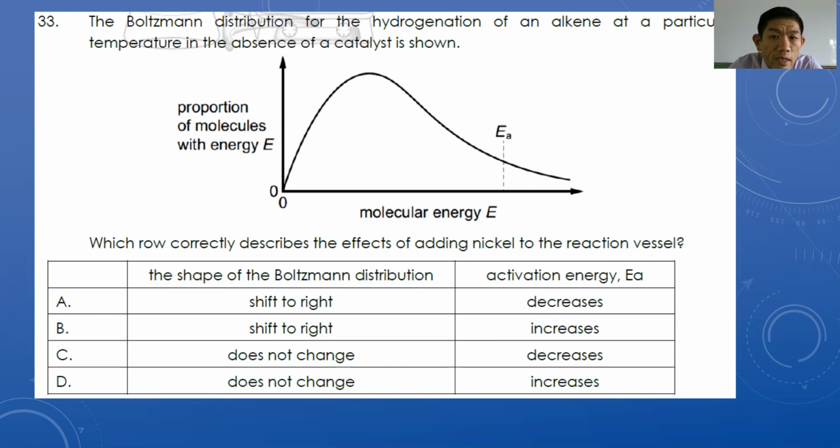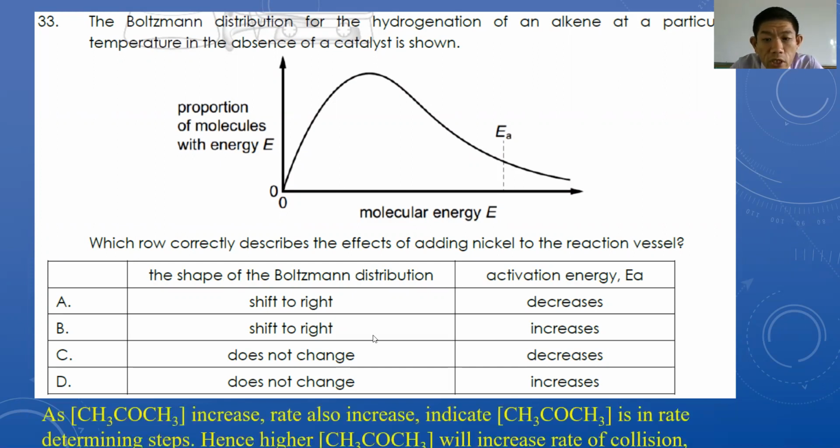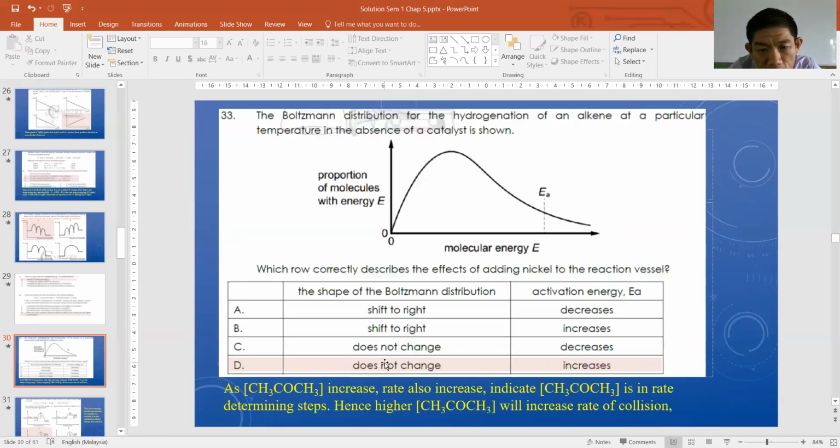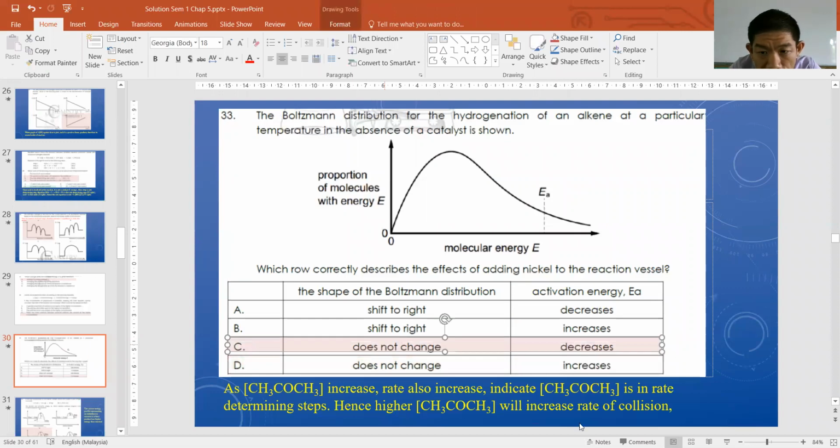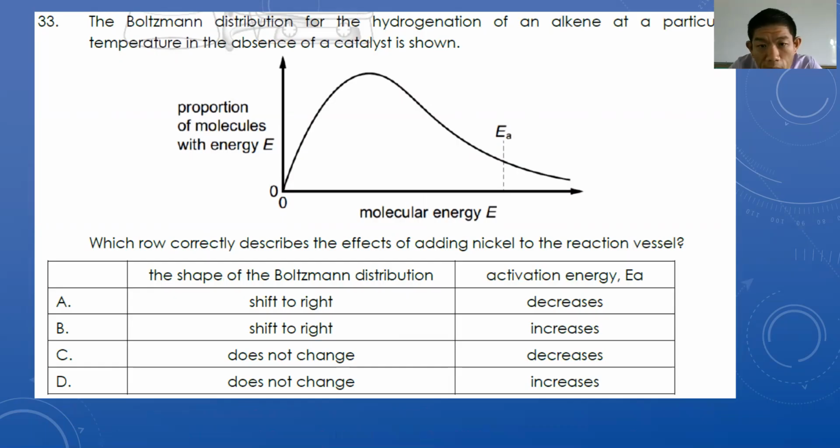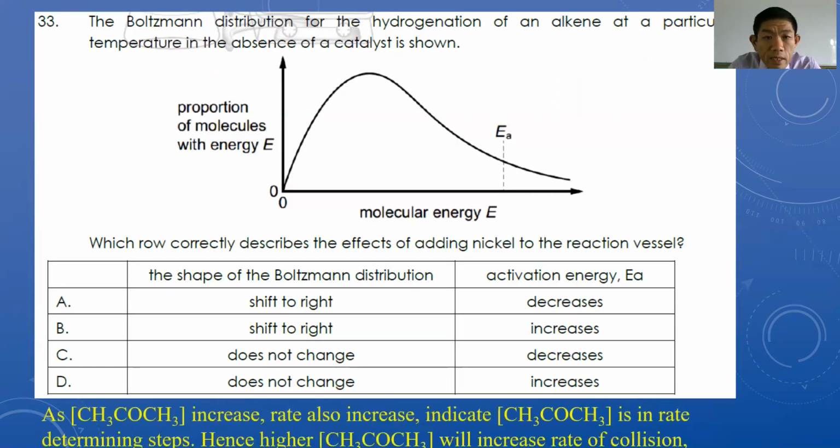The proportion of molecules does not change. So the answer is C. When you only add a catalyst, the speed of the molecules does not change.